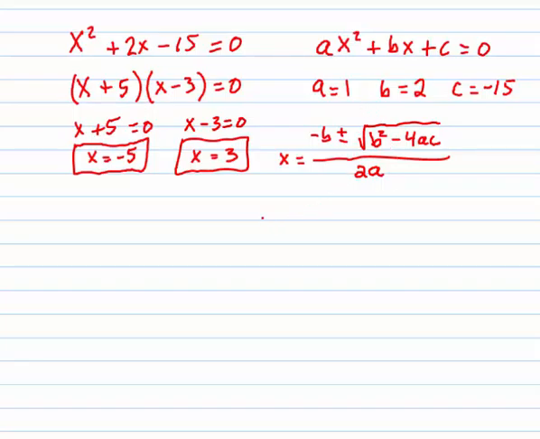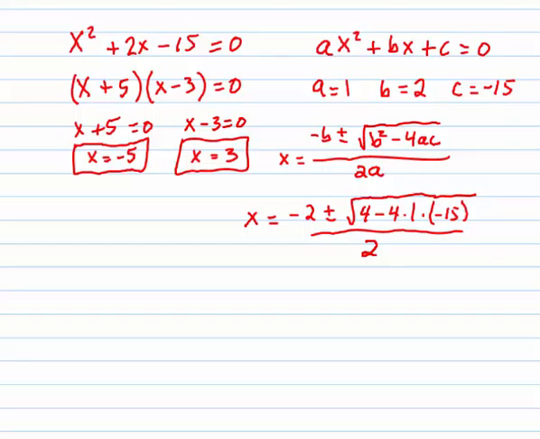So we can plug those in. We get x is equal to negative b, so minus 2, plus or minus the square root of b squared, or 4, minus 4 times a, which is 1, times c, which is minus 15, all that over 2a, or 2 times 1.